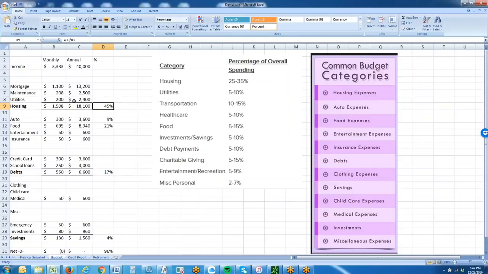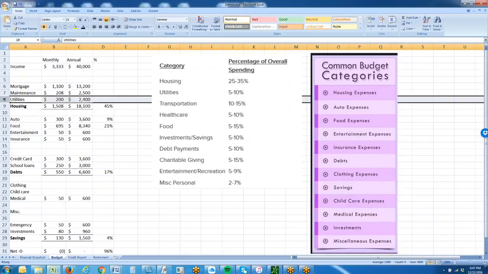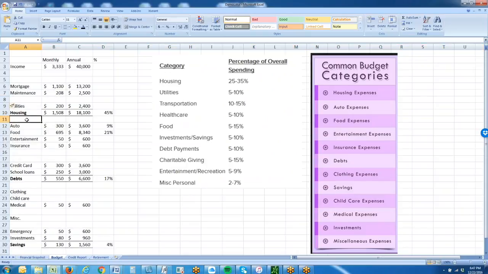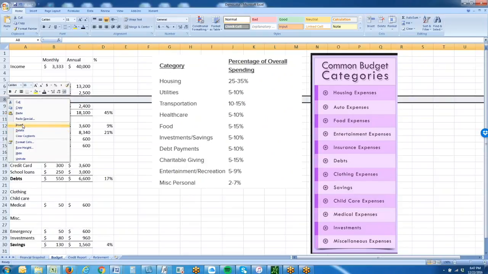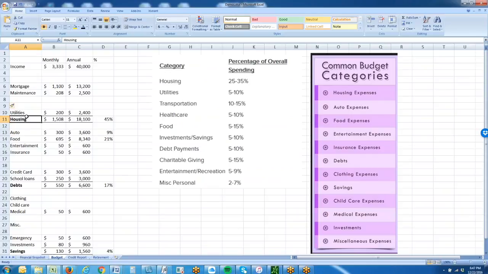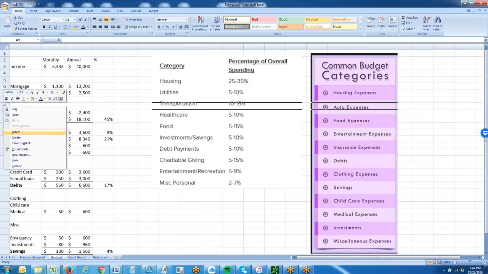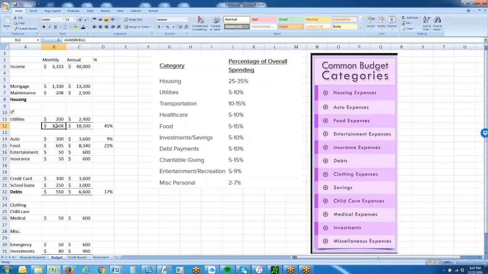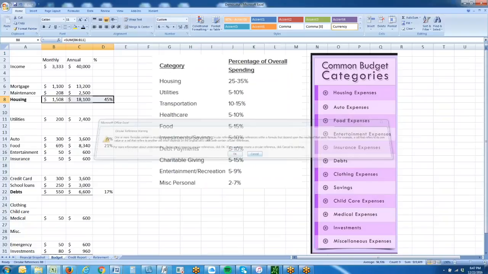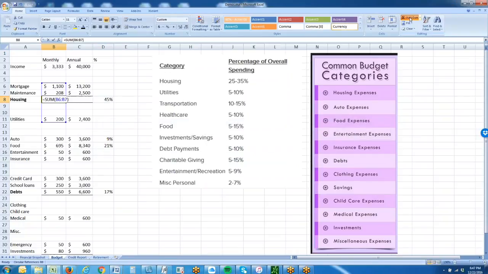Actually, maybe not. Look at it, they broke out utilities separately. So let's do that here. Maybe we are okay. If we insert a couple of lines, and this is housing now, and insert another line, we're going to move this up here and change the formula a little bit.